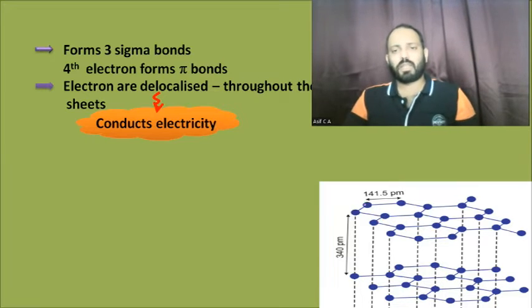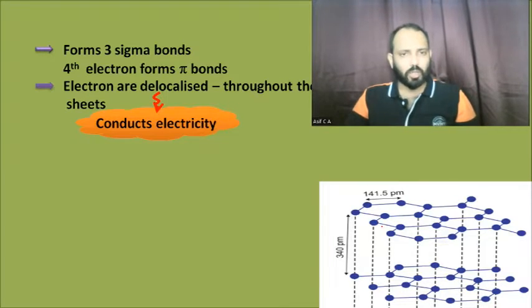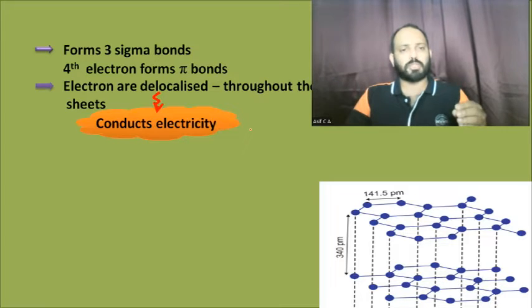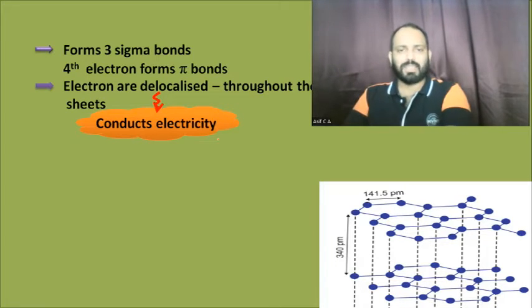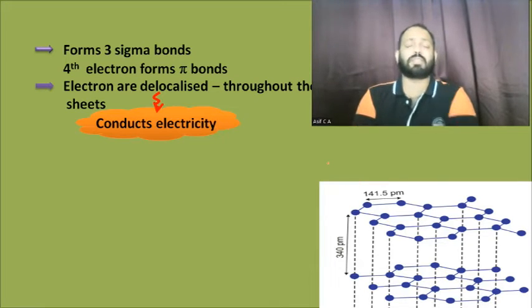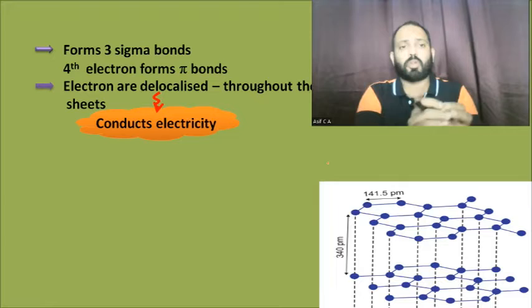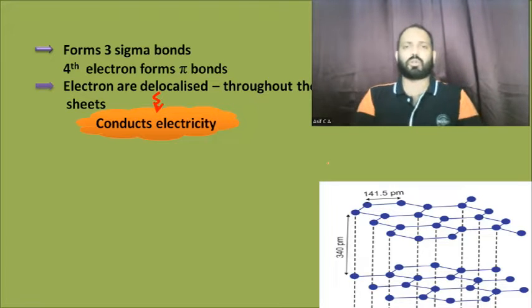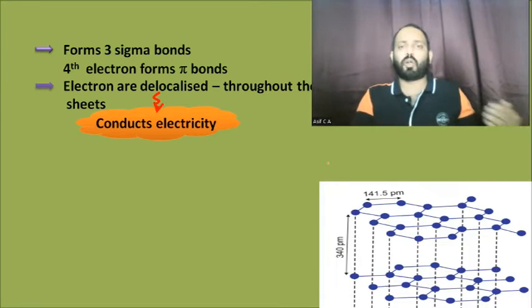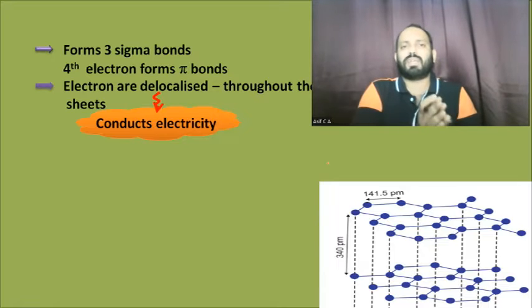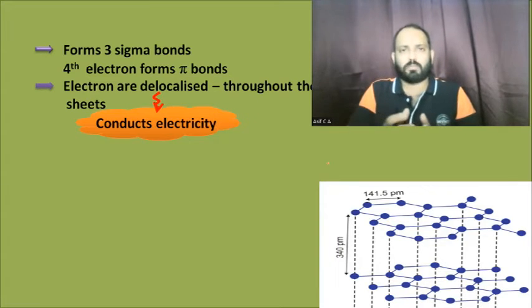The last electron will be a delocalized electron, and that electron is responsible for conduction in graphite. Graphite is a good conductor of electricity. Now you understand? Because it is having one unpaired electron. Diamond is an insulator, a non conductor. Diamond has no unpaired electrons. Okay?